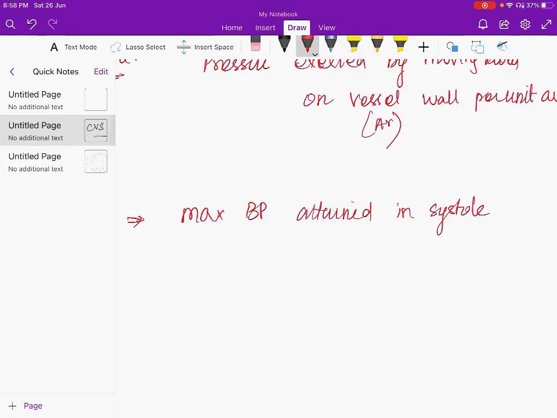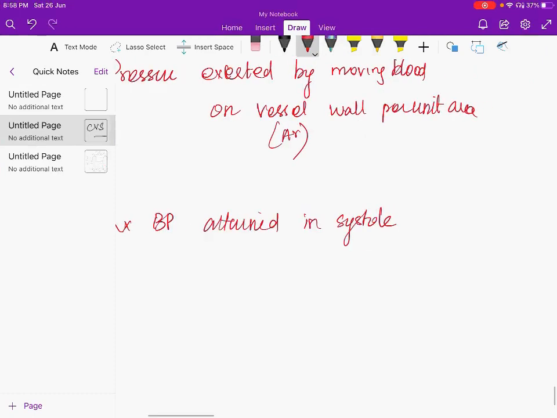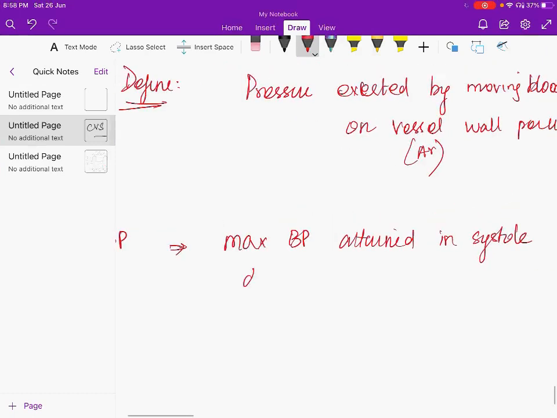Okay. Maximum BP attained during systole. This is normally around 120; to be precise, it is 120 and almost around 100 to 130. Systolic BP depends on your cardiac output.